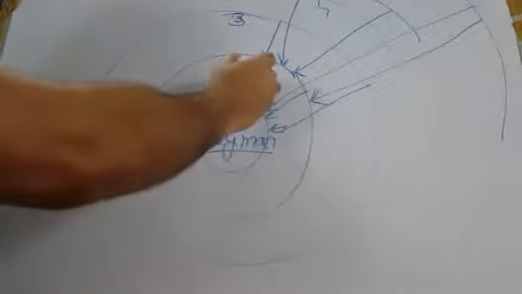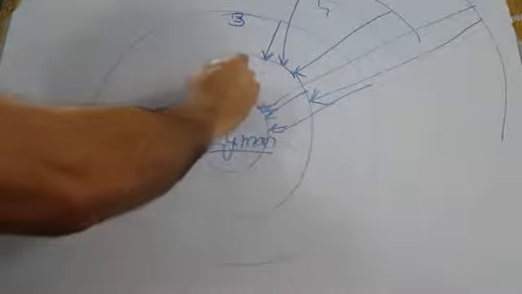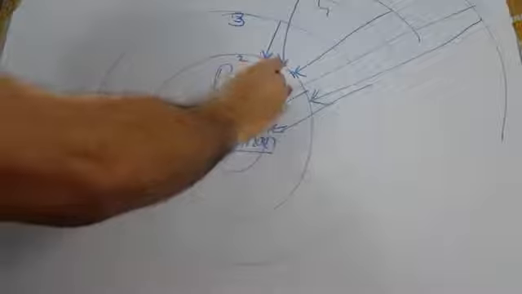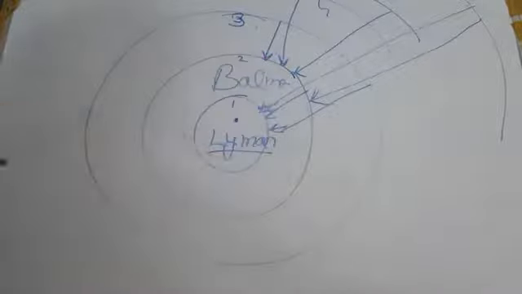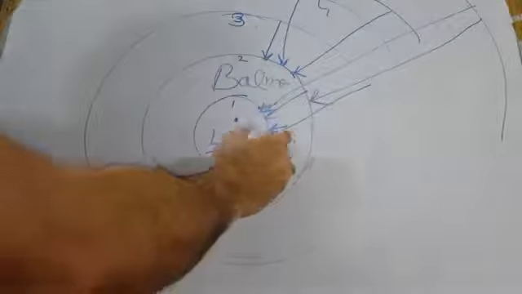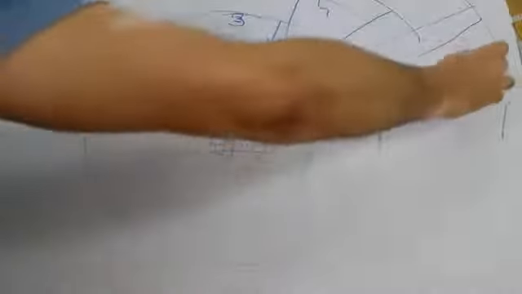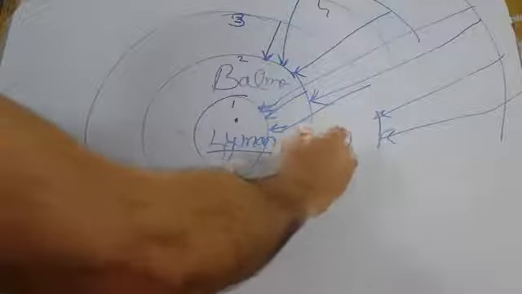If it comes to second, then that is Balmer series. And if it comes to the third level from any higher level, then that is Paschen series.